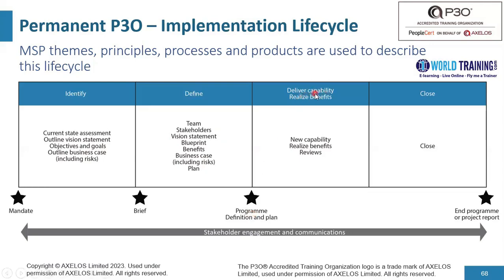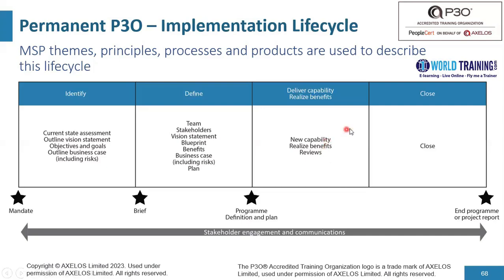Now, the delivery phase could be done in multiple tranches or in multiple stages. For the sake of representation, we just have one stage over here. As a part of delivering, we are working on multiple projects which are rendering multiple outputs. A combination of outputs would give us new capabilities, and the capabilities would need to be transitioned for us to realize benefits.